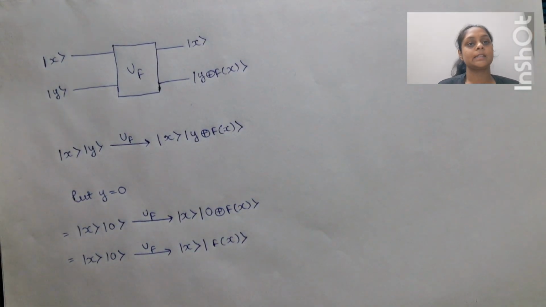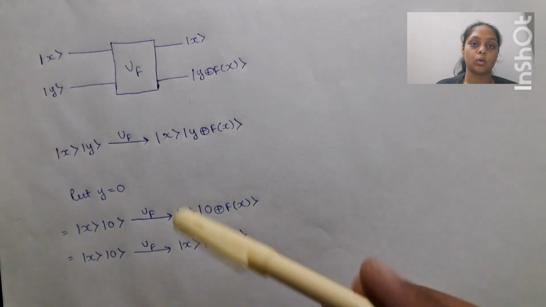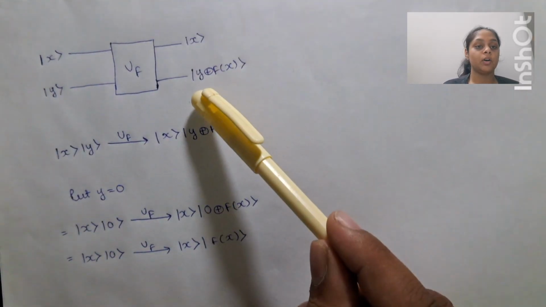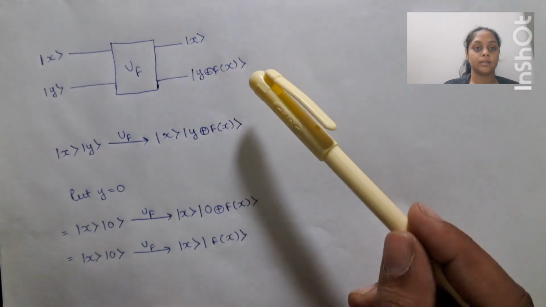Basically, the oracle is used for the estimation of a function using qubits. This is the only concept that we need to know. The important thing here is that |y> is converted into |y XOR f(x)>.